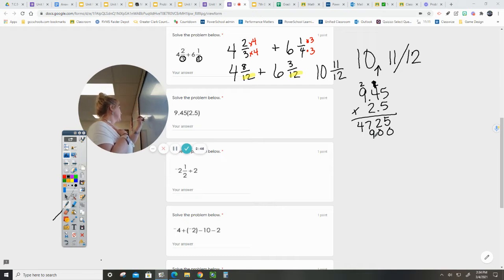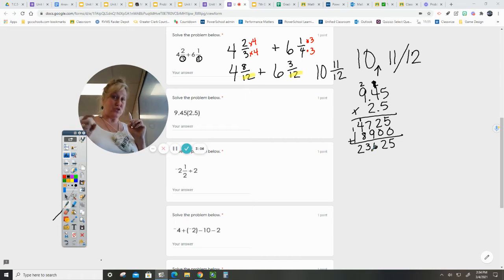This is 8, plus the 1 is 9. 2 times 9 is 18. And now add 5, 2, 6, carry the 1. That's 12, 13. 23.625. Let me double check my answer because I want to make sure that I'm right this time.